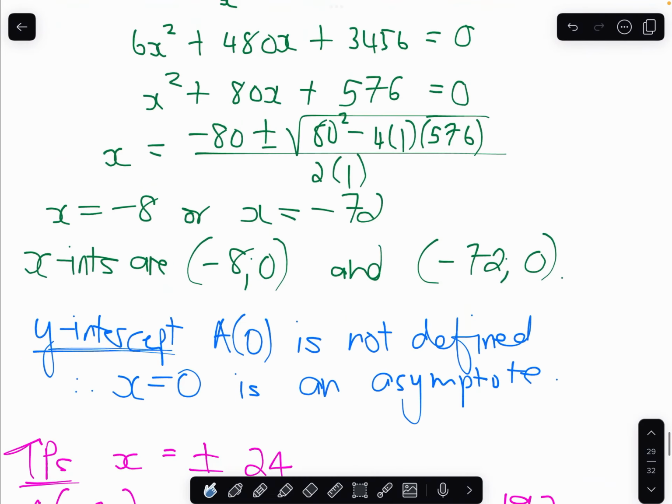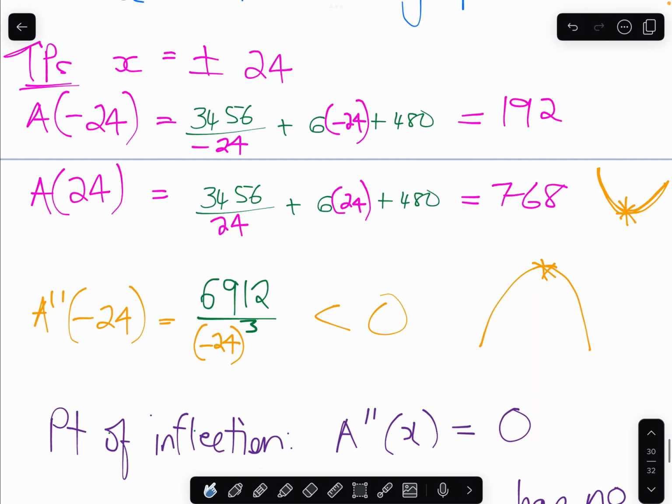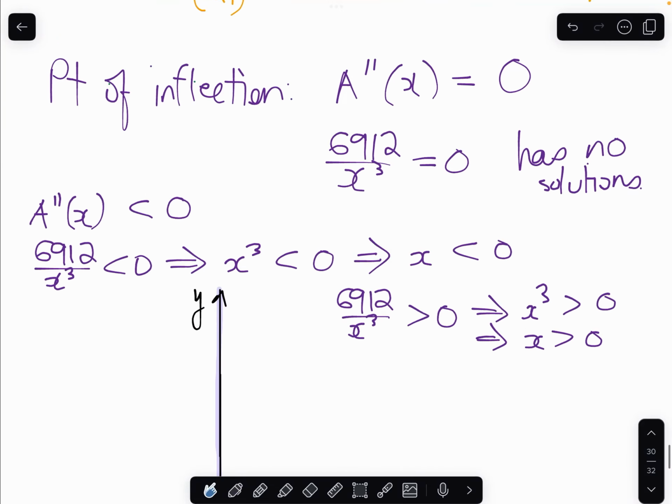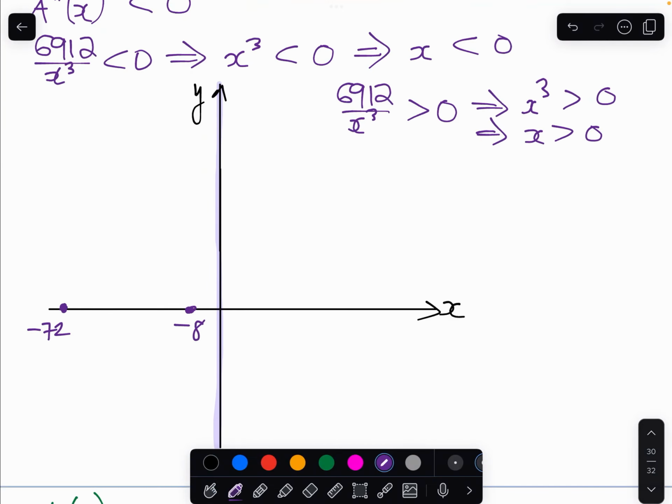And then we have no y-intercept, of course. Then we have our turning points. The one is at -24 and 192. So let's plot that. I'm going to put it somewhere here.